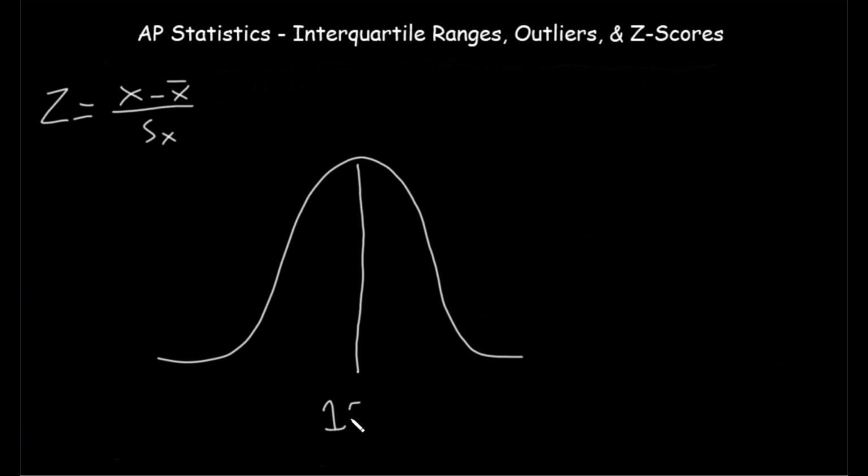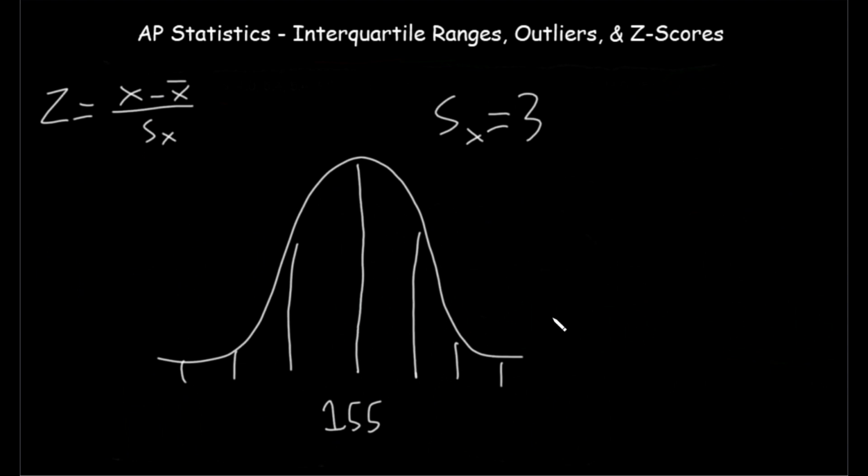So let's say we have 155 as our mean, and our standard deviation is 3. Now, perhaps it's better if I go over the empirical rule here. The empirical rule basically summarizes the percentiles of each individual based on where they end up in this distribution.